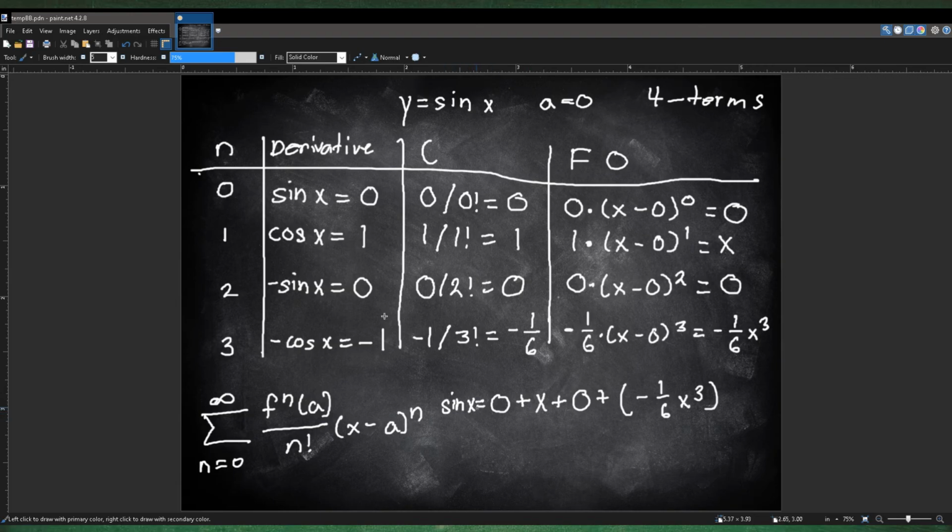So sine of x as a polynomial is basically just this. It's not really that precise because it's only the first 4 terms. If you add more and more terms, it'll make more sense. But as a caution, generally in math, 0 does not count as a term. So x will be the first term and negative 1/6 x to the power of 3 is the second term. But for this explanation, I'm just going to count these as terms so you understand how it works out in the chart.